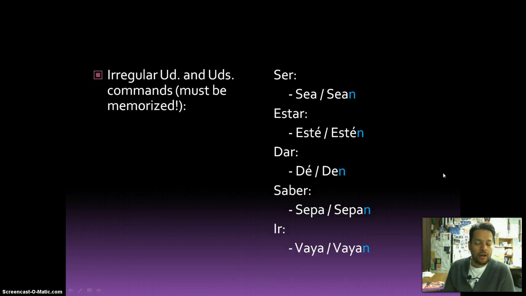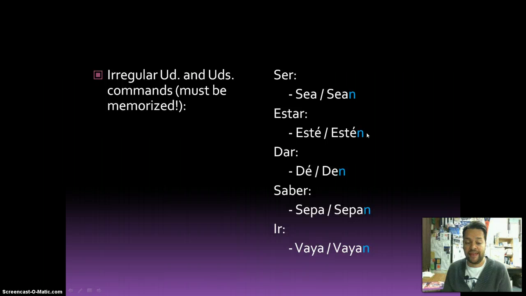All right? There are irregular usted and ustedes commands. There's a total of 5. And here they are. For usted, sea. For ustedes, sean. Okay, so these are all affirmative right over here. For estar, you say esté for usted.